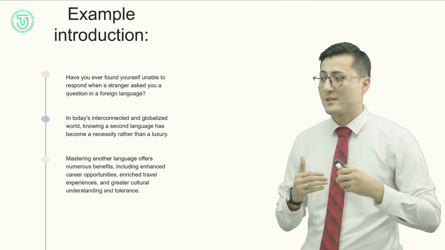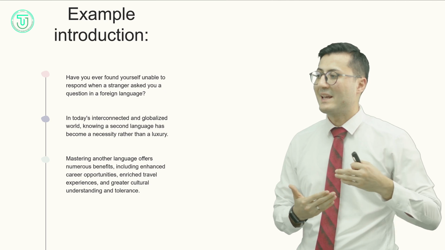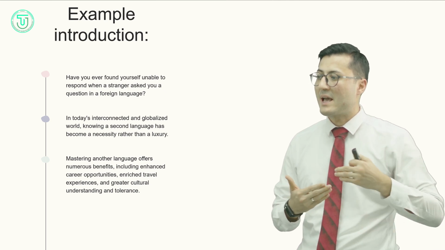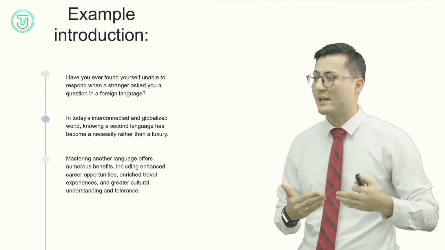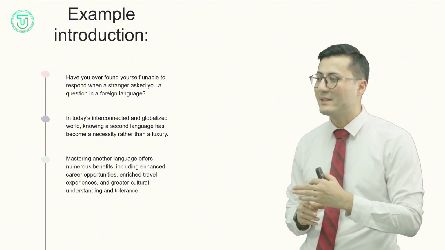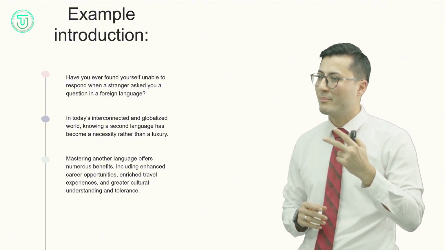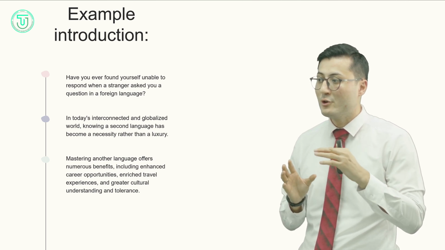Next one is, "Mastering another language offers numerous benefits, including enhanced career opportunities, enriched travel experiences, and greater cultural understanding and tolerance." As you pay attention to this sentence, it has two main parts. First one is, another language offers numerous benefits.